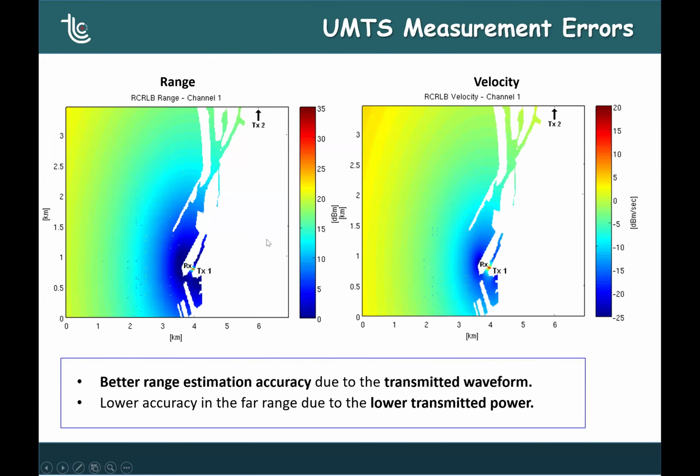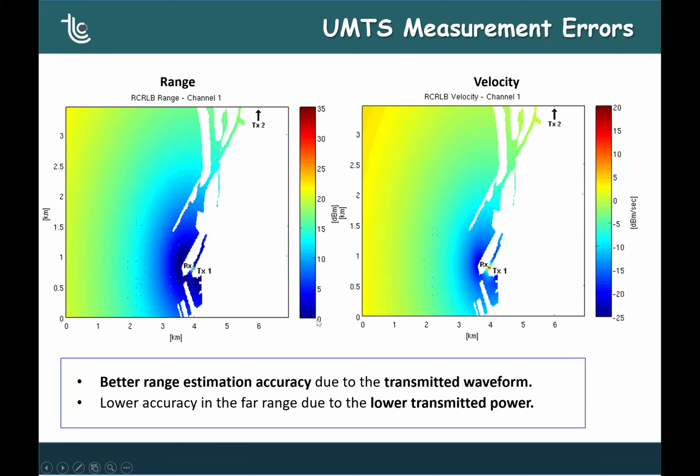So how can we evaluate the goodness of the geometry? We looked at the accuracy of the range and velocity estimation through the Cramer-Rao bounds. So here we see that if the Cramer-Rao bound is very high, then the accuracy is bad.